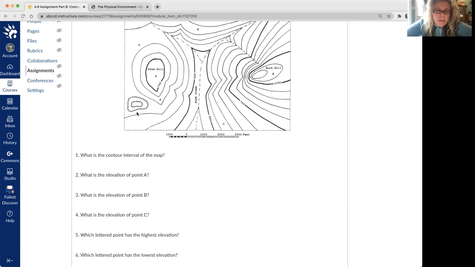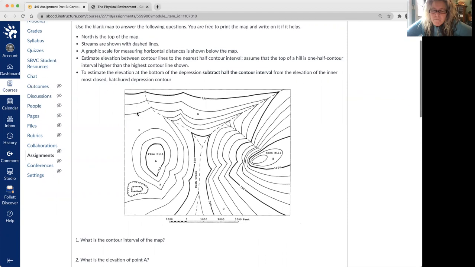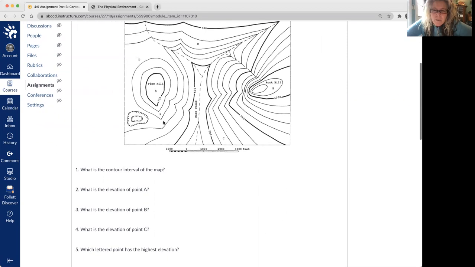Okay, let's read up here to estimate the elevation at the bottom of the depression. Subtract half the contour interval from the elevation of the innermost closed, hachured, depressed contour.